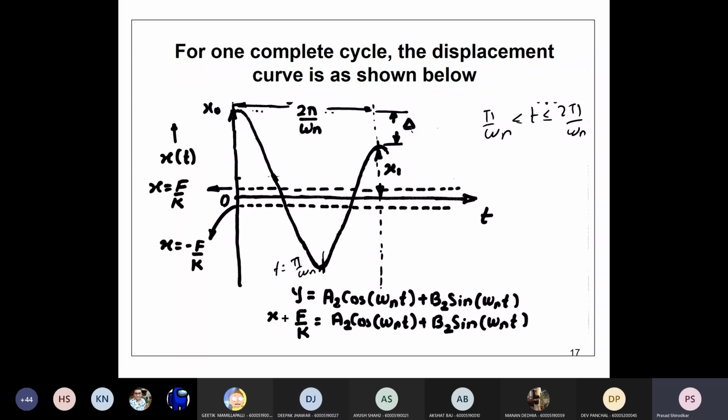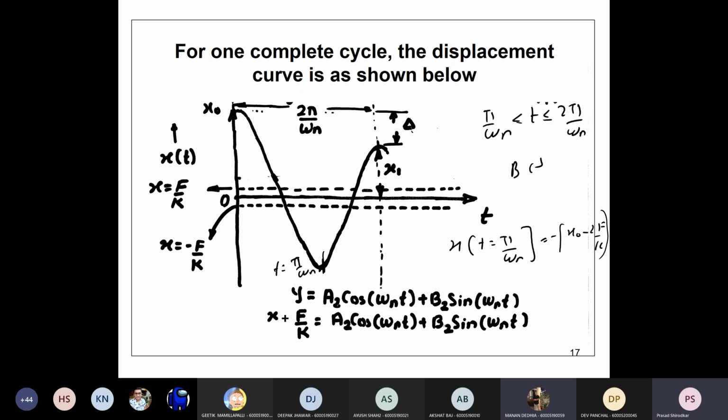So x0 will be equal to x at t equal to pi by omega n, which will be equal to the last one that we wrote, x0 plus 2f by k, with a minus sign. That is the one boundary condition.